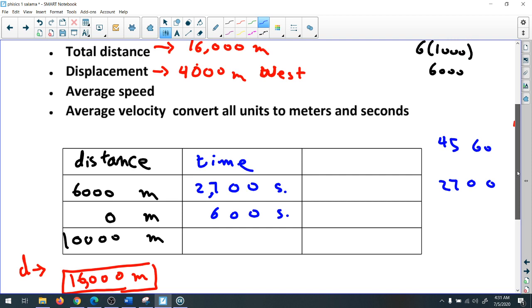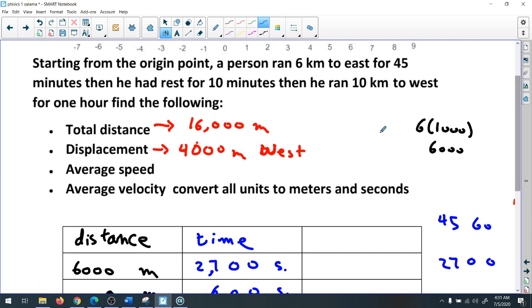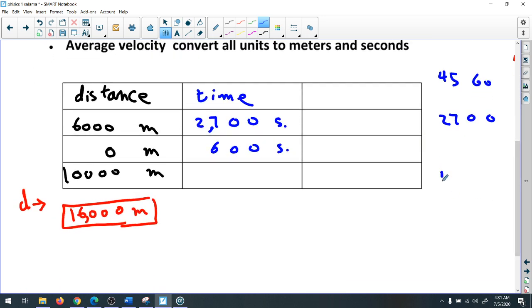Then the last part of the trip, he ran to the west for 10 kilometers in 1 hour. 1 hour means multiply times 60 to give us minutes, and then again times 60 to give us seconds. 1 times 60 times 60 equals 3,600 seconds.